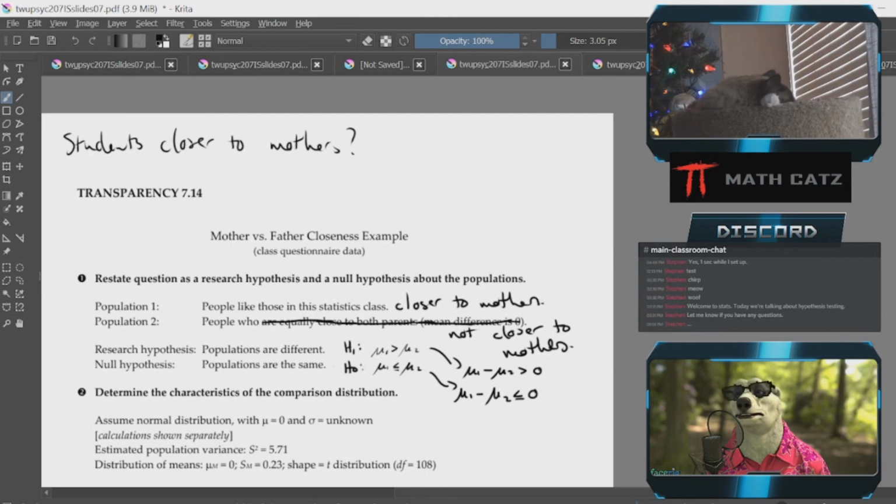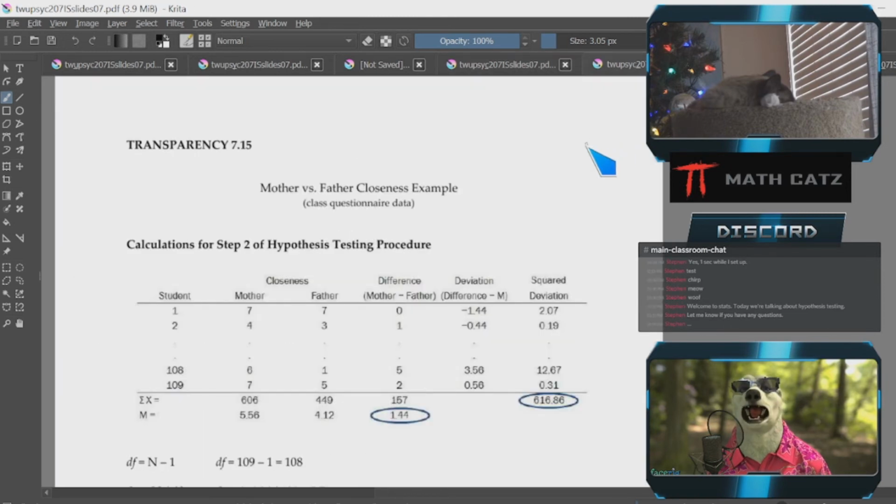So then we can go and take our sample, and our sample has 109 students, measuring the closeness to each. It's the same student. So we can calculate the differences, sort of a before and after situation, but not quite. We can still look at differences because the two sets come from the same people.